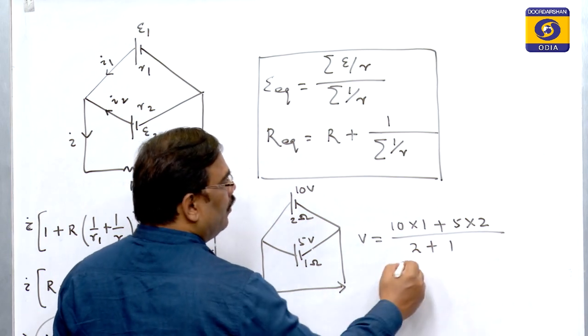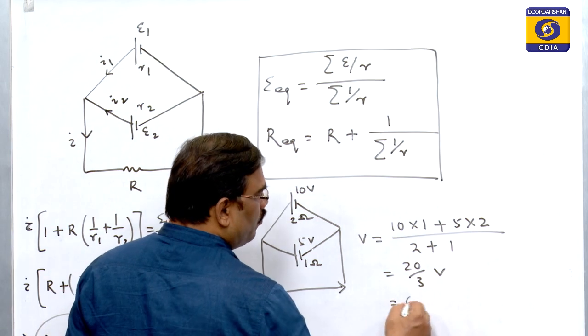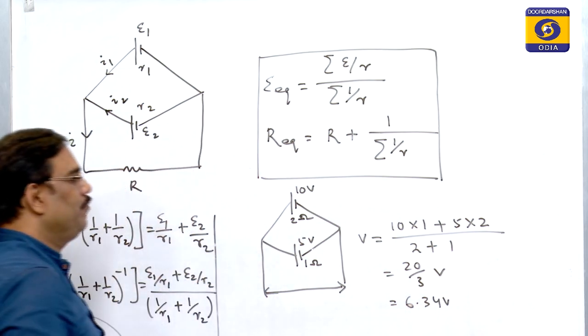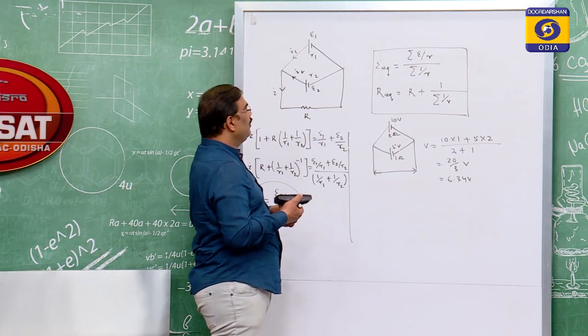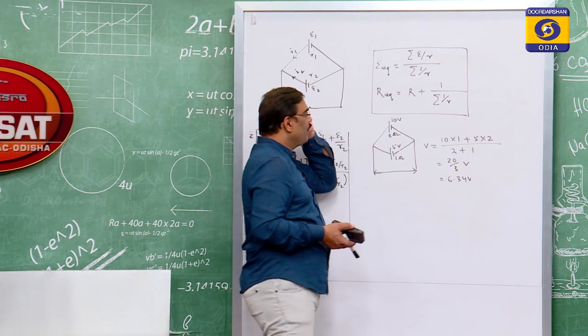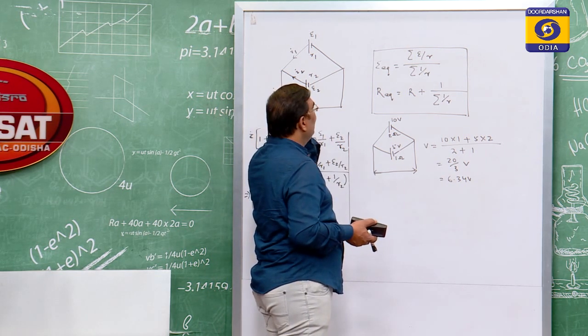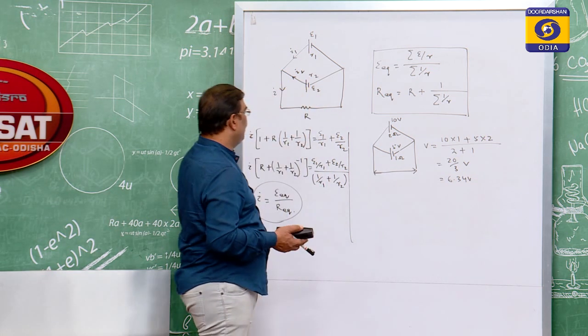So, this will be 20 by 3 volt, so it is 6.67 volt. So, this will be the terminal potential we can calculate by using Kirchhoff's second law in a combination of dissimilar cells in parallel.